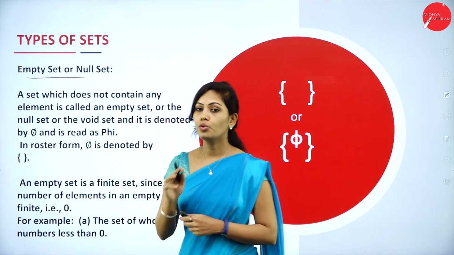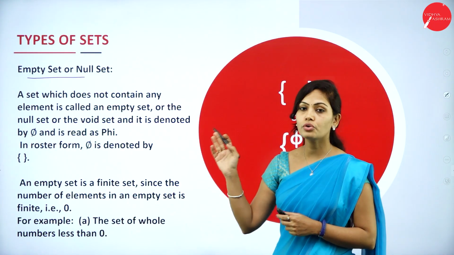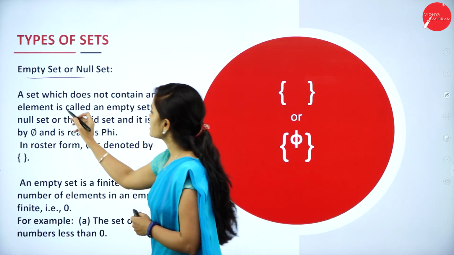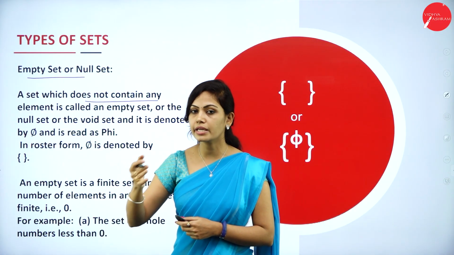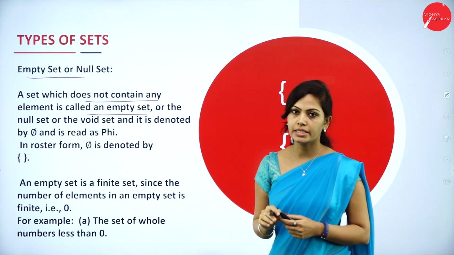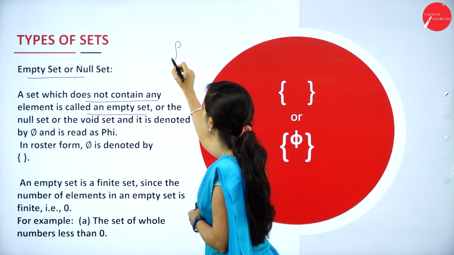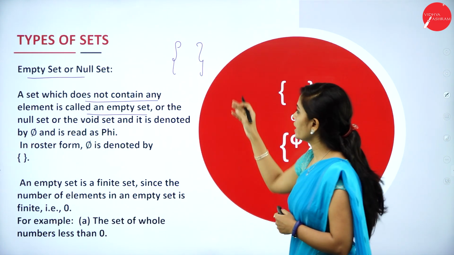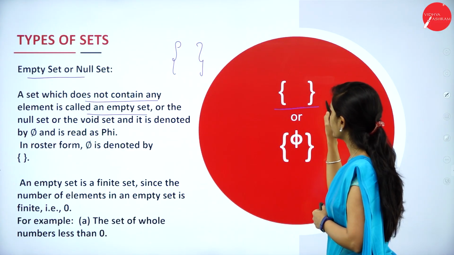2 marks question: What is a null set? Give an example. Null set is also known as empty set. What is the definition of a null set? A set which does not contain any element is called an empty set or null set. It does not contain any elements, so it is empty.